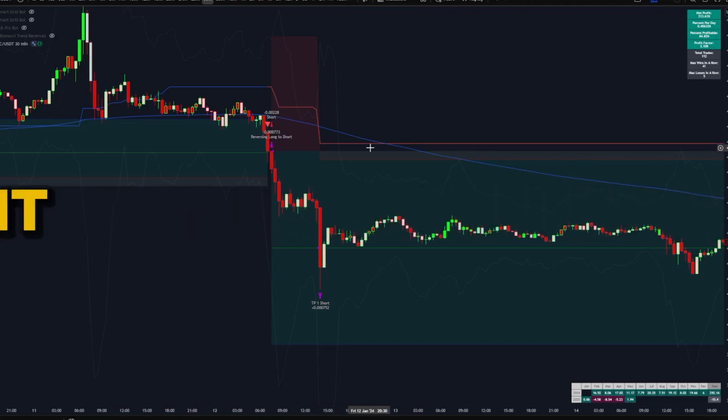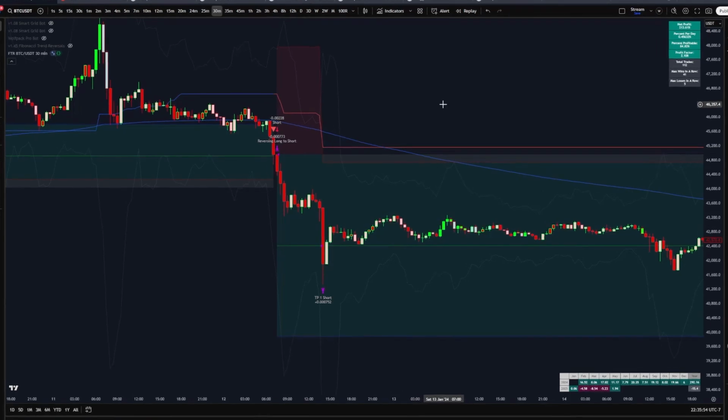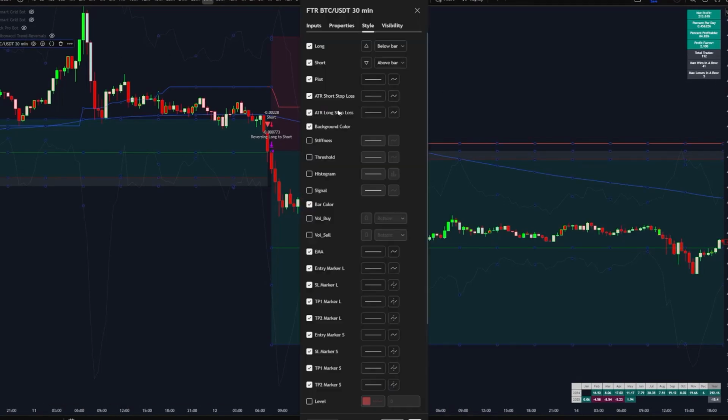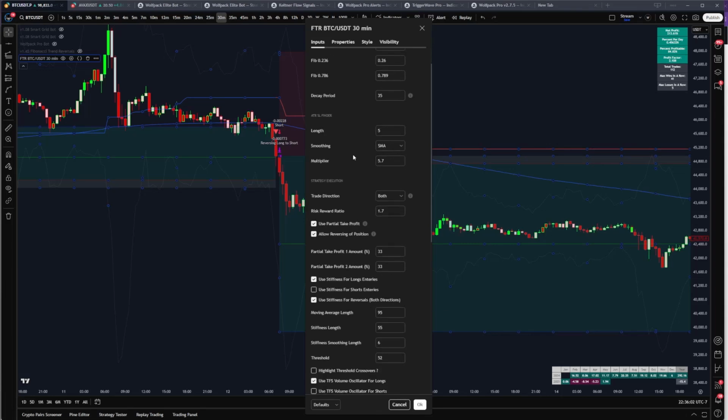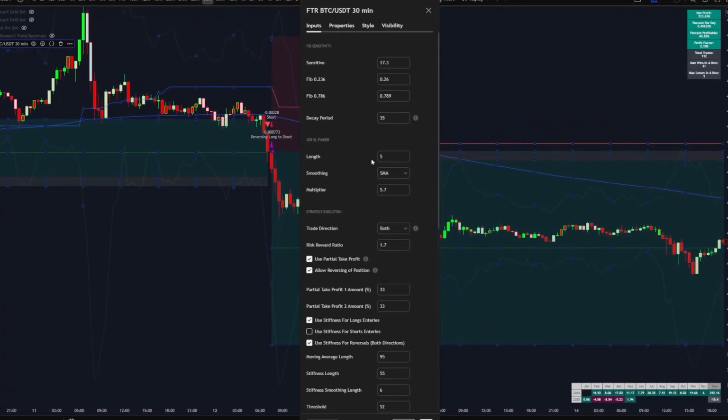There's also a stop loss and take profit level, so it automatically places that ATR beyond the recent volatility, and by default it's set to a 2.1 risk to reward ratio, but I have mine set to 1.7. And you can pause the video here.